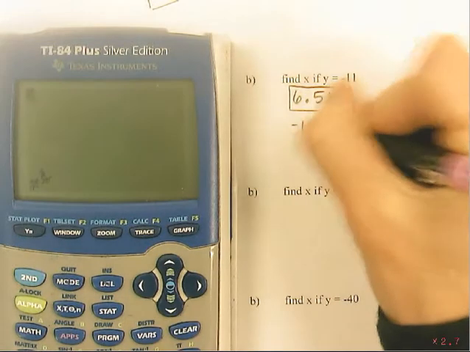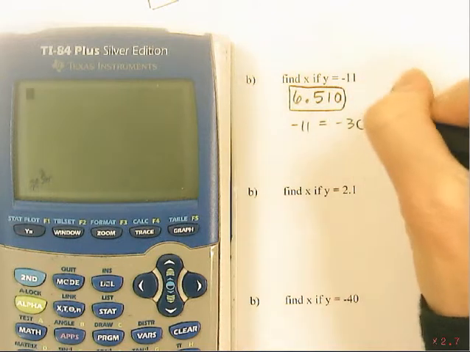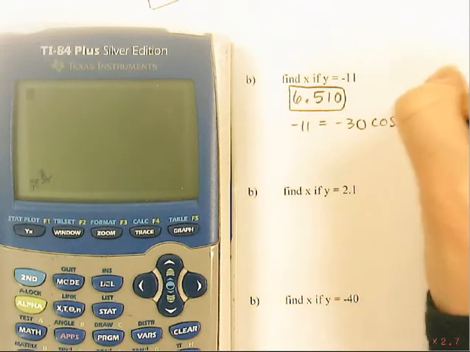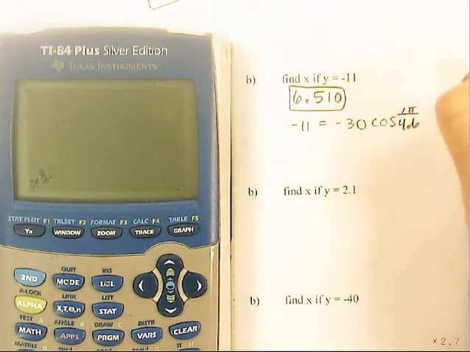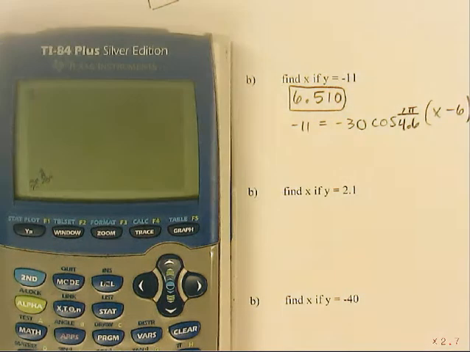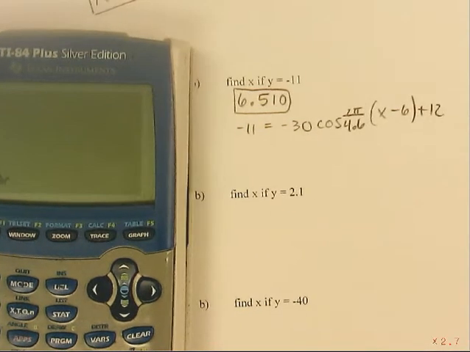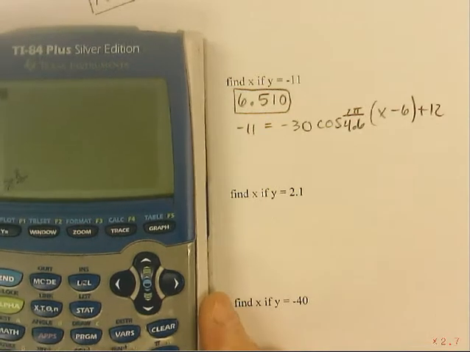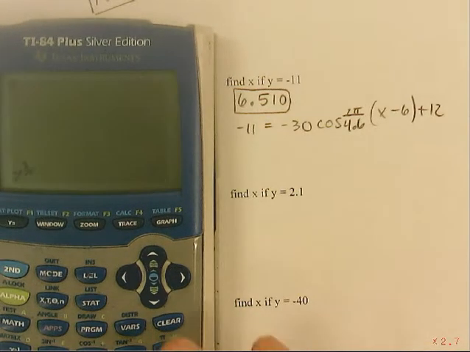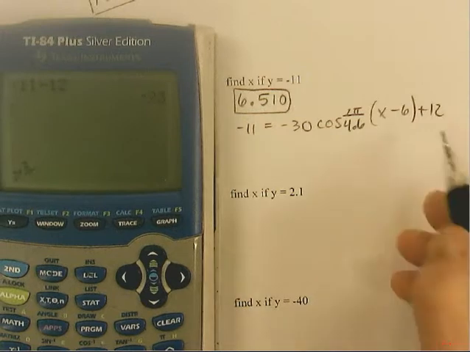So negative 11 equals negative 30 cosine of 2 pi over 4.6 times x minus 6 plus 12. So I'm going to do it without showing the work this time. Negative 11 minus 12. So I subtracted that over.